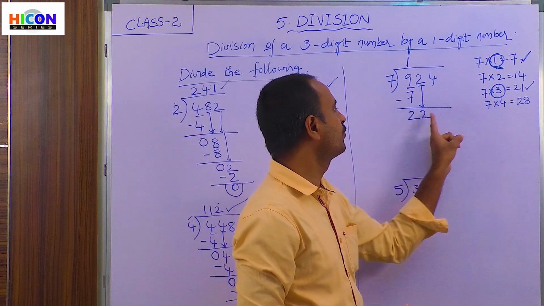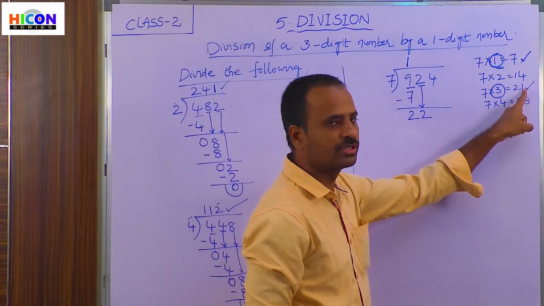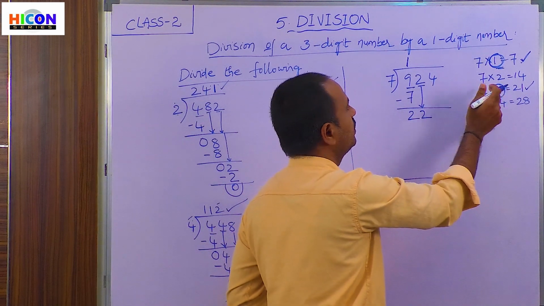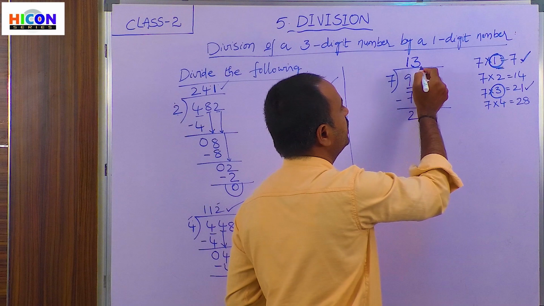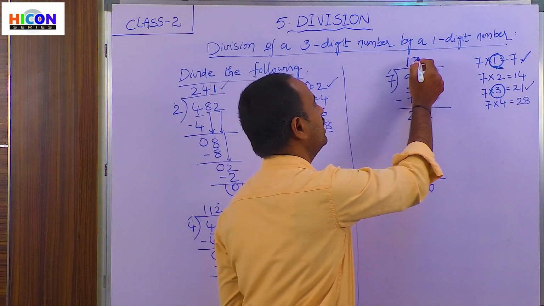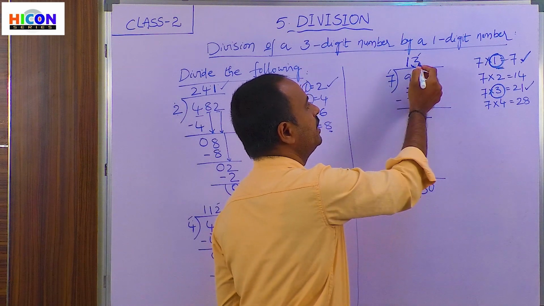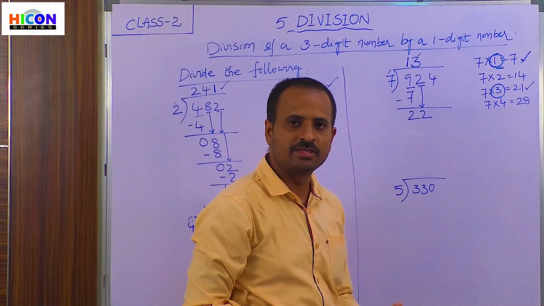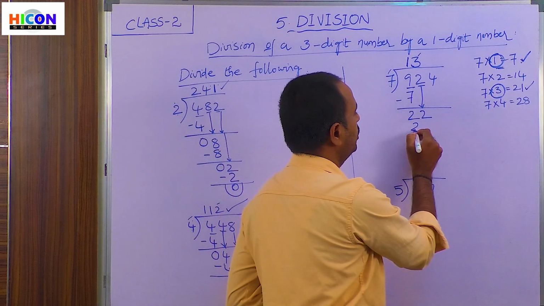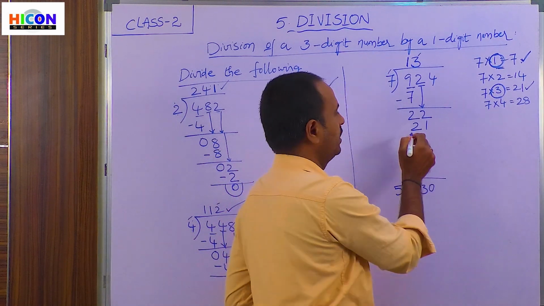So 21 is the before number. That's why we have to take this one. How many times do we have to take to get 21? 3 times. So write 3 in the quotient above the dividend. Now again multiply the divisor and this number. That is 7 into 3. How much are 7 3s? 21. So write the product below 22 and subtract.